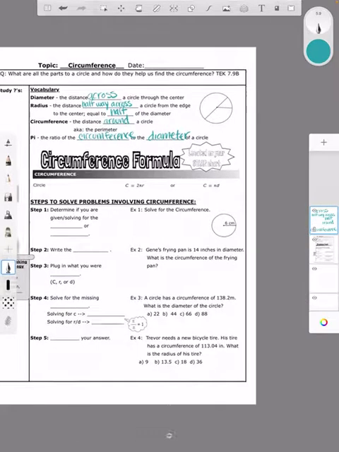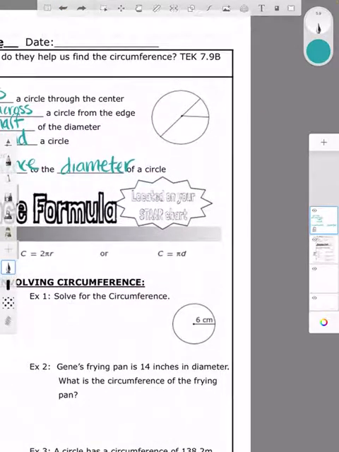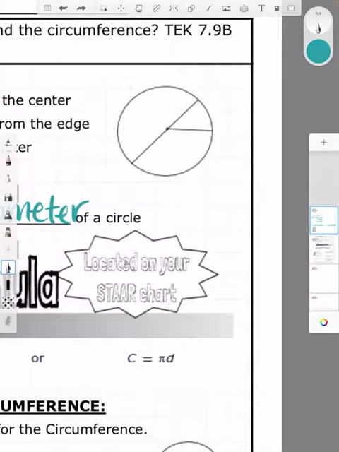All right, so let's take a look at this circle over here off to the right. On the circle, we're going to label it. I know you kind of went over that already this week, but it's never a bad thing to see it again. So this line that's going through the center of our circle, that's our diameter.